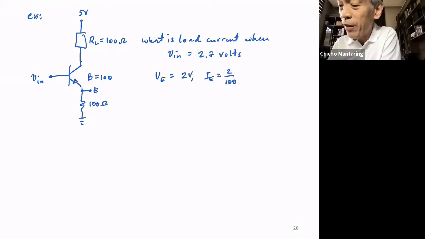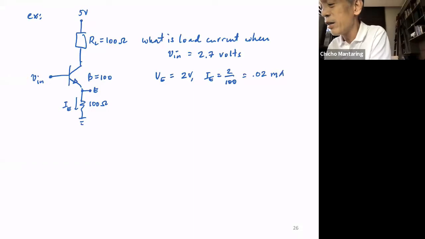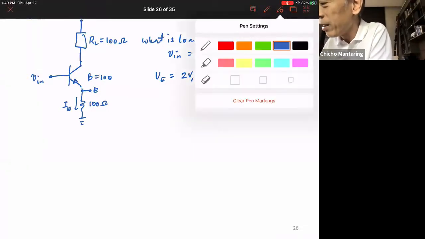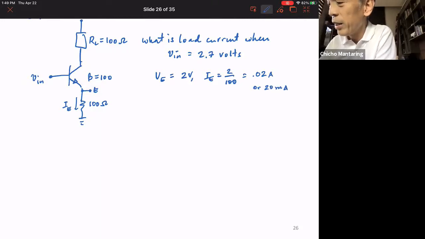So divided by 100, that is equal to IE. Ito yung IE. Okay. So what is this? This is 0.02 amperes, or 20 mA.